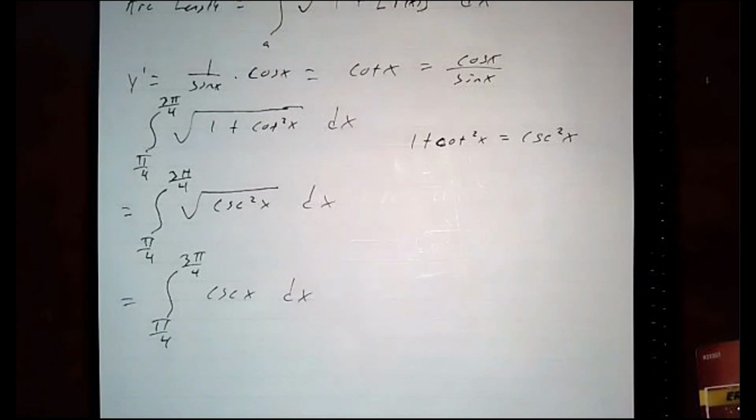Let me double check. I think it's negative ln cosecant plus cotangent, but hold on.